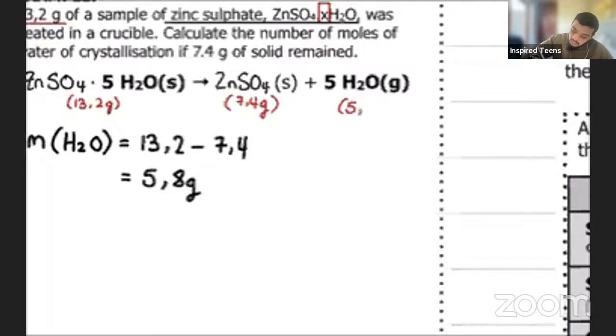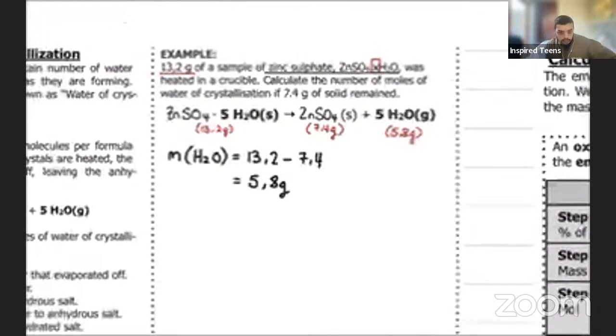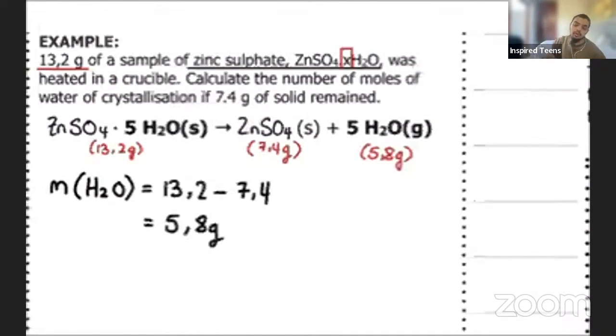Okay, so now this is simple. The way that we get this answer X is by comparing their moles. So we ultimately want to calculate the moles of ZnSO4 and the moles of H2O and compare them, and that would give us a ratio, 1:something of H2O.